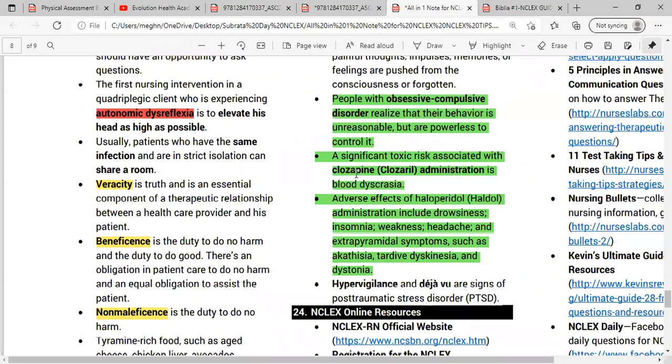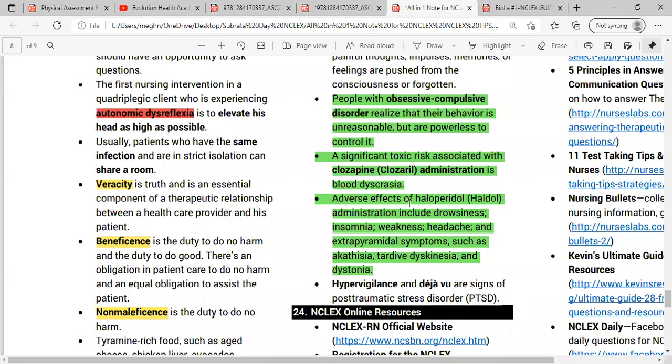If they have agranulocytosis, they will complain of fever, body ache, chills, or sore throat. Basically the signs of flu. The medication must be stopped immediately. And this is a very serious condition, agranulocytosis.